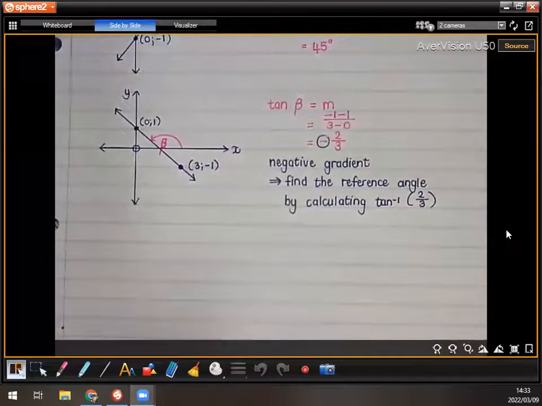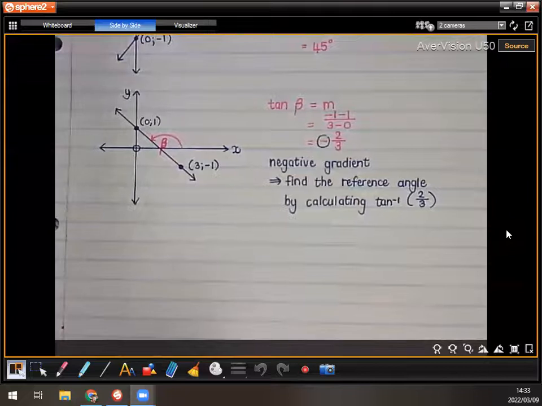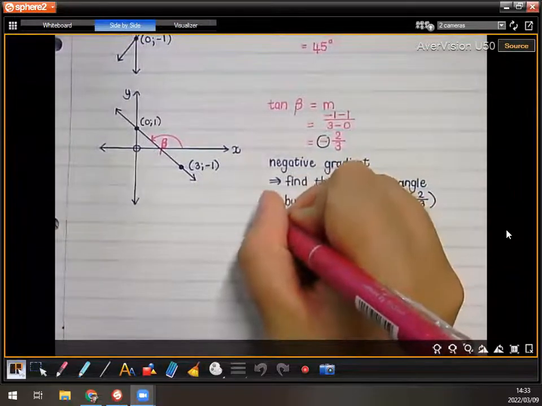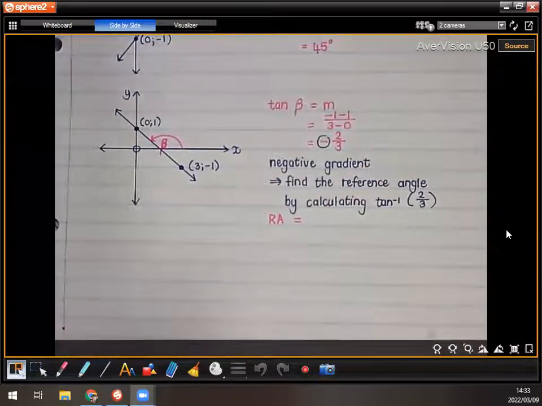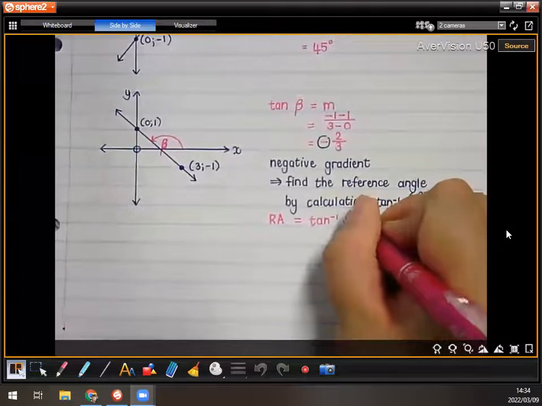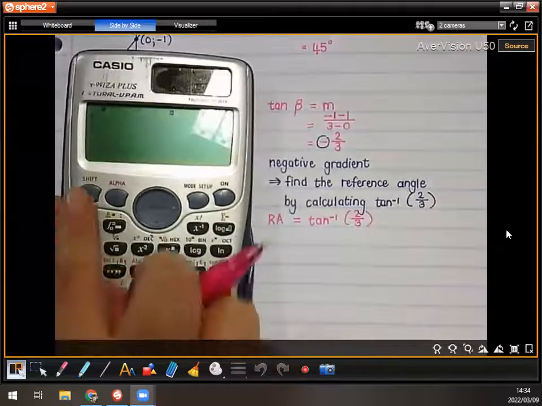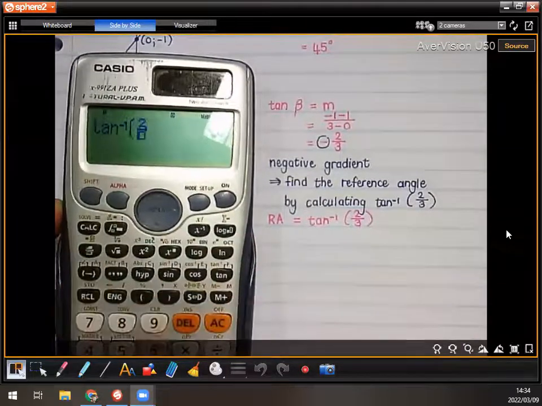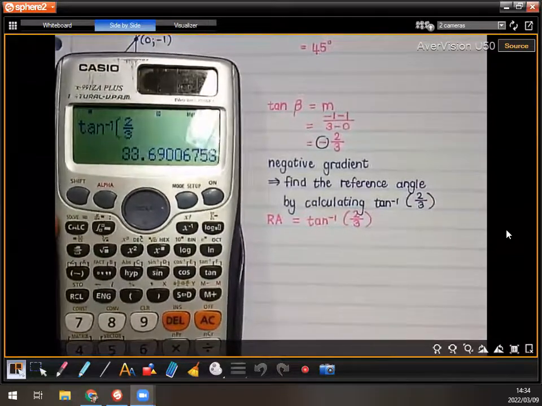Something you're going to have to remember: if your gradient is negative, you are going to ignore that negative at first. We're going to do shift tan just of the positive number. And you're going to label it like this. You're going to say RA, reference angle, is equal to, you are allowed to write RA, that's fine, tan to the negative 1 of positive 2 over 3. All right, so I'll show you what we get. Shift tan of 2 over 3.